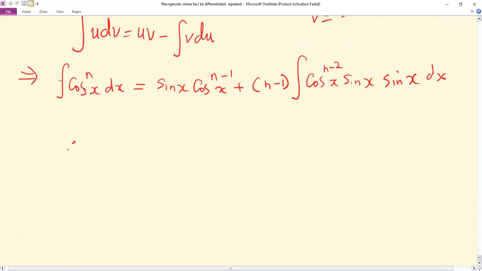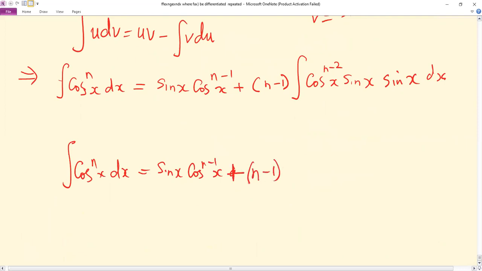So in simplifying, we have the integral of cos power n of x dx equals sine x cos power n minus 1 of x plus n minus 1 times the integral of cos power n minus 2 of x times sine squared x dx.